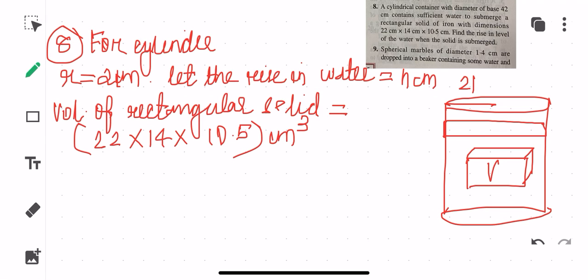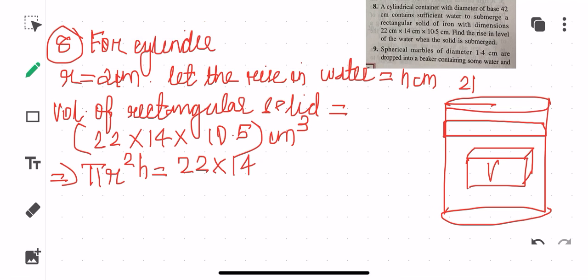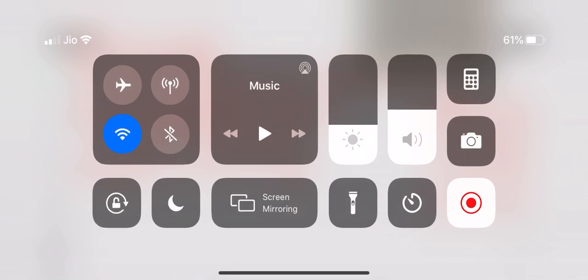So this implies pi r square h is equal to 22 into 14 into 10.5. If you want, in place of 10.5 you can write 21 upon 2.